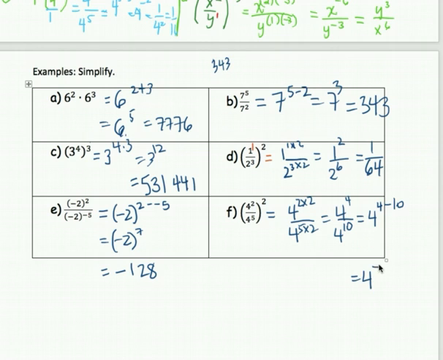Okay, and then we get -6, but to fix that, we're going to flip it. So right over here, 1 to the 4, 6, okay, and then 4 to the 6 is 4,096.